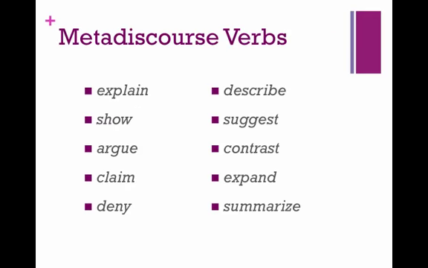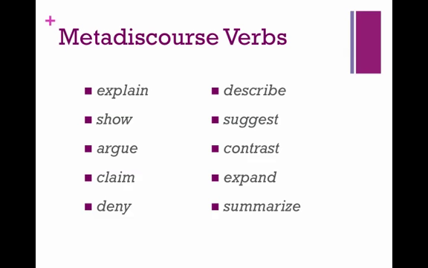Several verbs also function as metadiscourse. As you look at this list, how many of these would you say you use on a regular basis? Do you sometimes use these verbs to avoid saying "said" or "says"? The author says. No, the author suggests. The critic says. The critic contrasts.